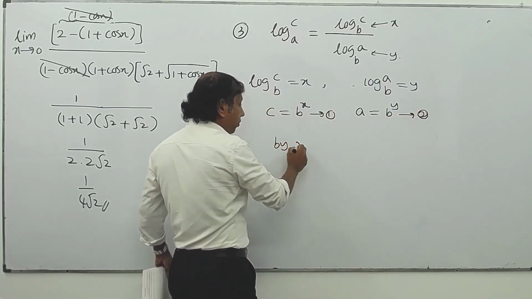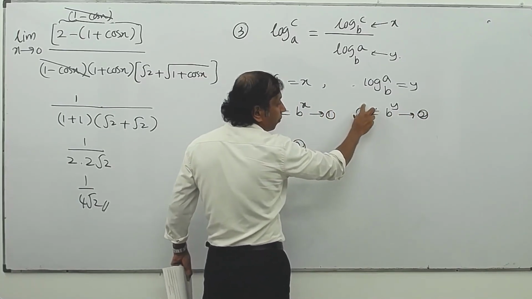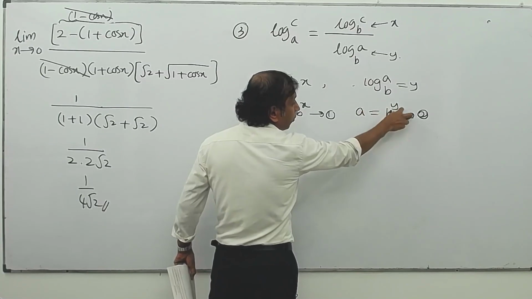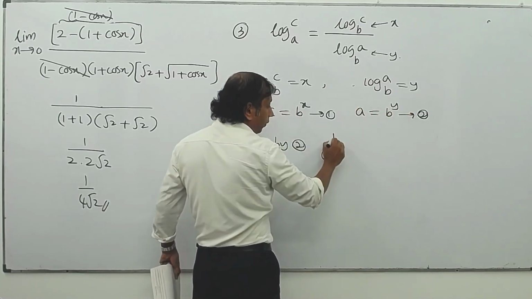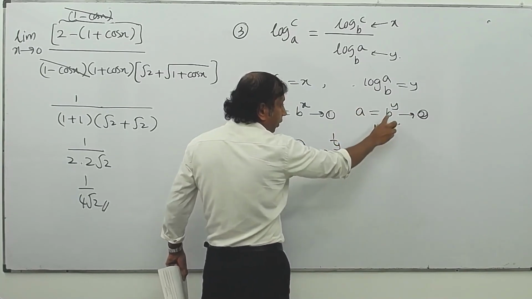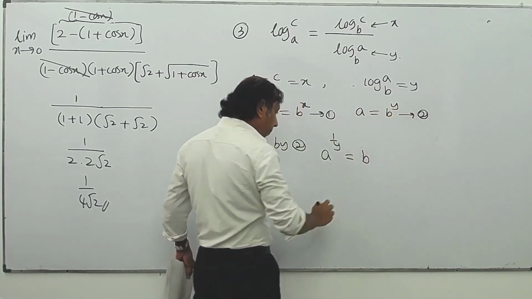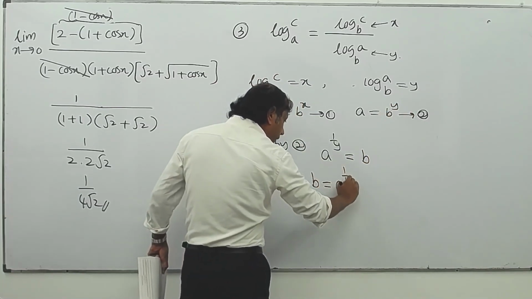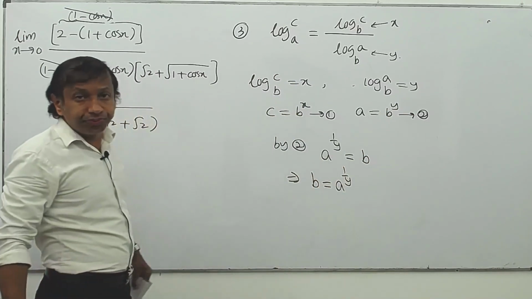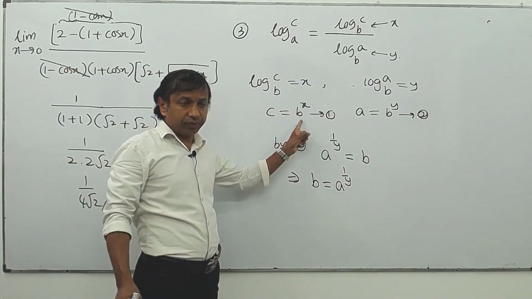By number 2 you can make b the subject. How? Take 1 upon y power on the left and right both. Then left hand side we get what? A to the power 1 upon y, b to the power y, that to the power 1 upon y means b. That means b equals a to the power 1 upon y. Yeah? Now this b is substituted here.